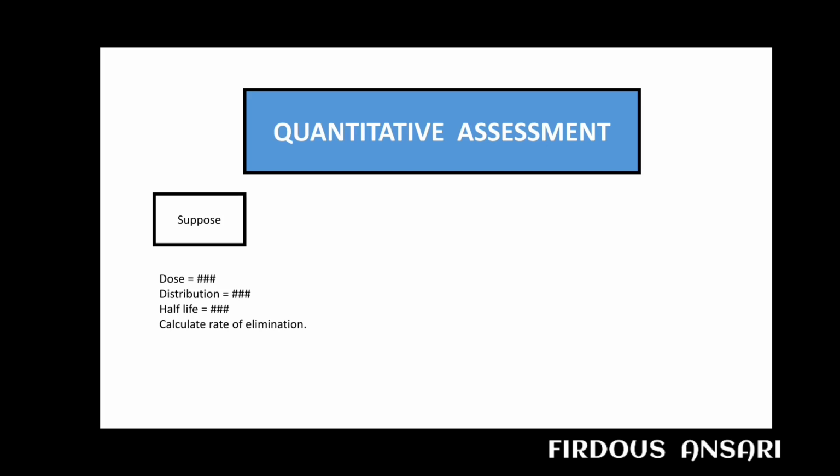So we will check the absorption, distribution, metabolism and excretion, and all these pharmacokinetic parameters change the drug concentration, and accordingly we should put it in a particular mathematical equation to find out some unknown parameters. So basically we are doing the quantitative assessment by which we get the unknown parameter from the known parameters.